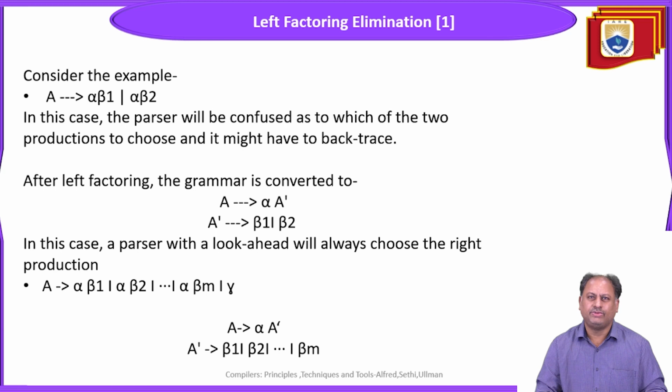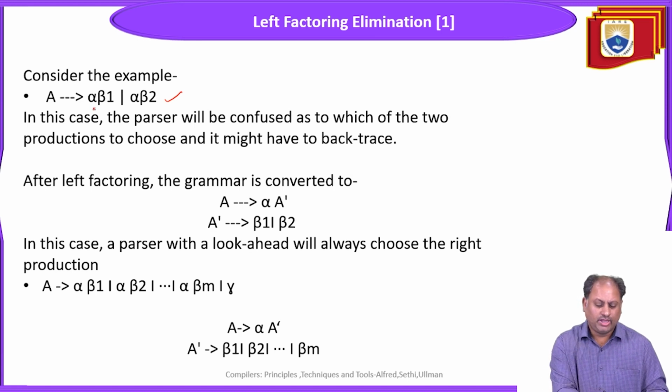Consider the example A derives alpha beta 1 | alpha beta 2. Here the parser is not able to choose a production out of the given two productions. It might have to backtrack in some of the cases.